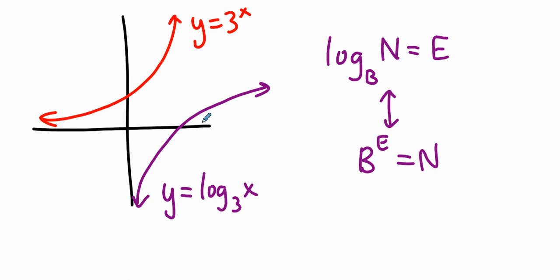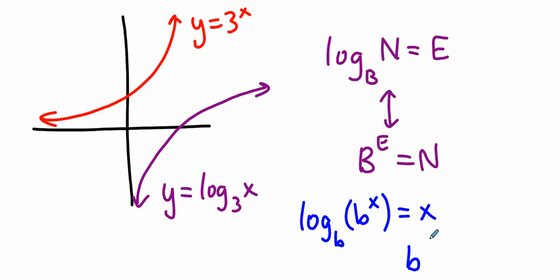And because these two functions are inverses, because they are reflections over y equals x, it is true that if you take the log in any base b of b to the x, you get x. And if you raise b to the log of x base b, you get x.